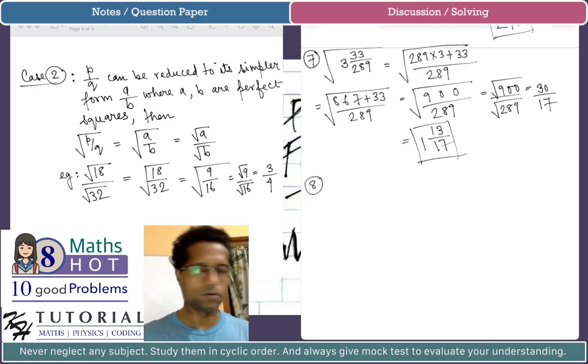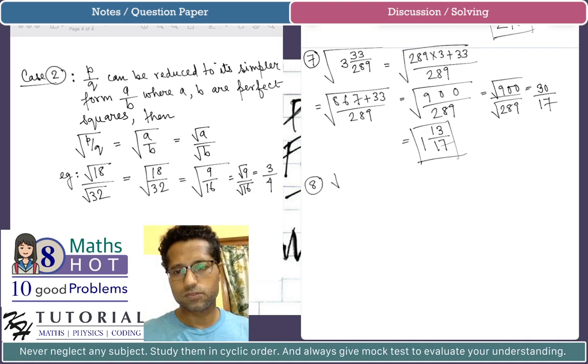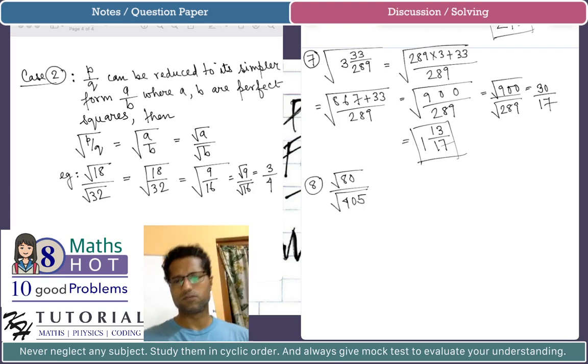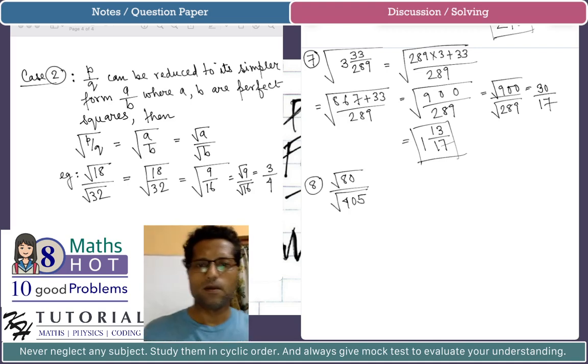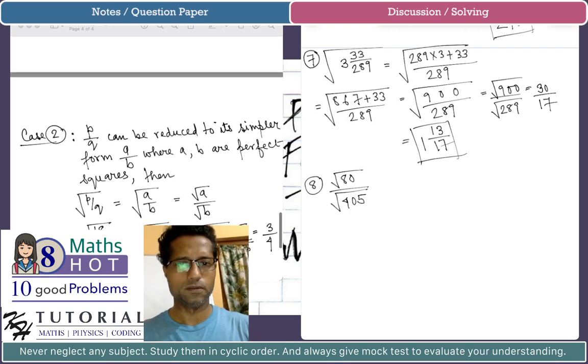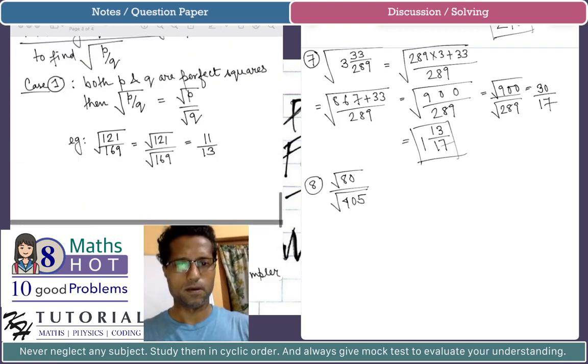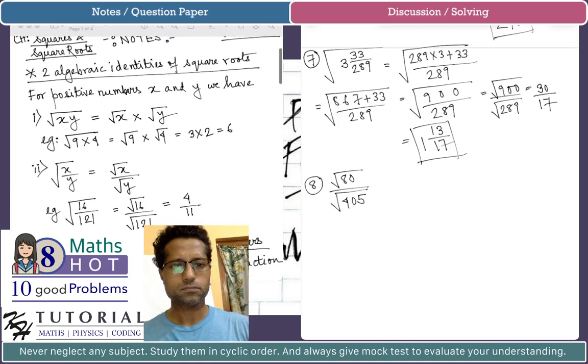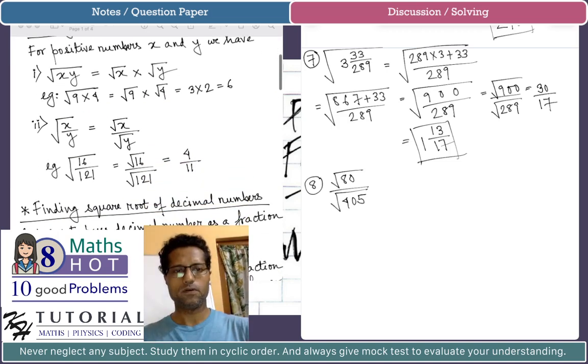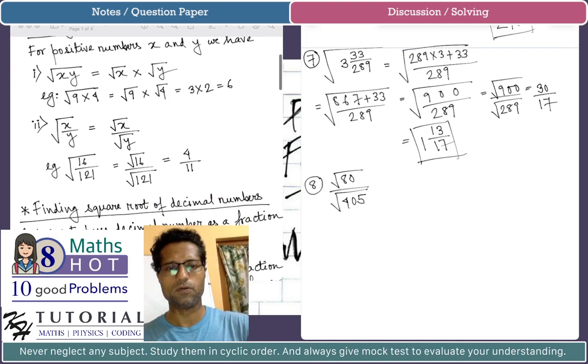This is also okay. This is square root of 80 by square root of 405. It is in a different form. Now we can clearly see that most probably 405 is not a perfect square. But as we have seen at the very beginning in the notes, square root of x by y is equal to square root of x divided by square root of y, for positive numbers x and y.